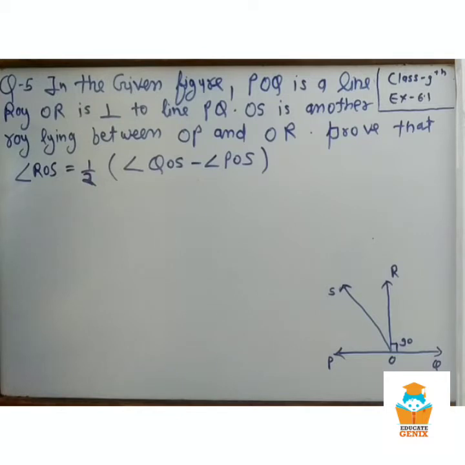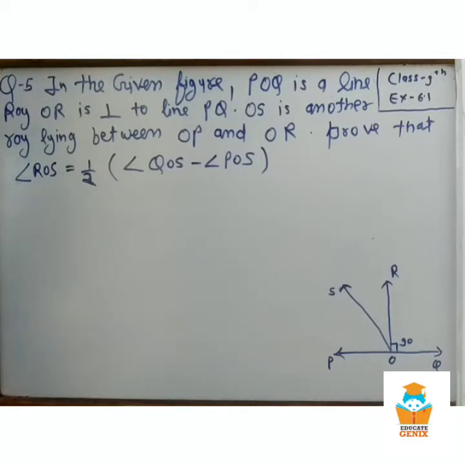In the given figure, POQ is a line, ray OR is perpendicular to line PQ, and OS is another ray lying between OP and OR. Prove that angle ROS equals half of angle QOS minus angle POS.